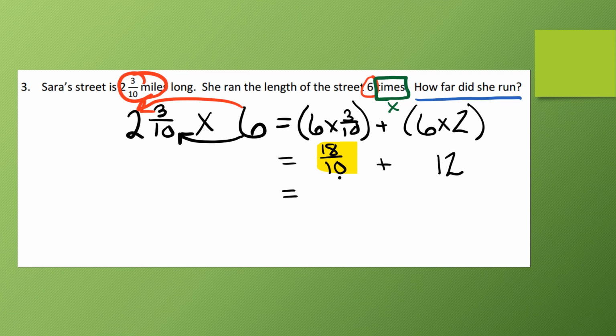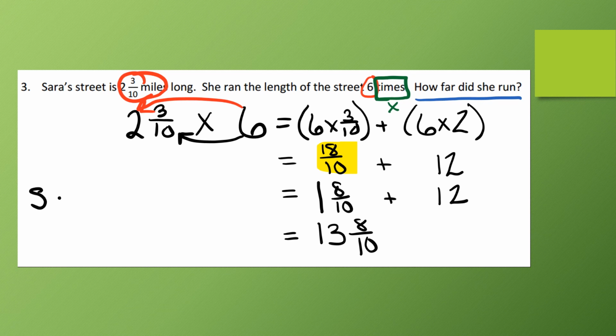So my next line is going to be simply changing that. And I'm going to divide, which is that part of the song. Multiply the top, divide from the bottom. So 18 divided by 10. 10 fits into 18 one time, and I have 8/10 left over, plus 12. So 1 plus 12 is 13, and 8/10.